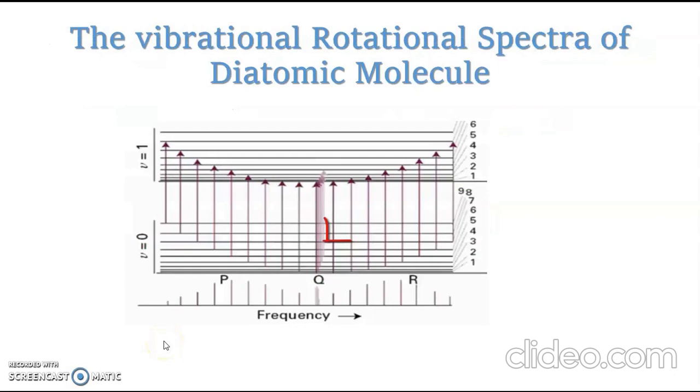Now we have to see the rotational vibrational spectra of the diatomic molecule. How the spectra would appear. Here, the Q branch or the central line will not appear, I am repeating, in the spectrum. It will be a blank space, since only allowed transitions will give rise to considerable transitions.